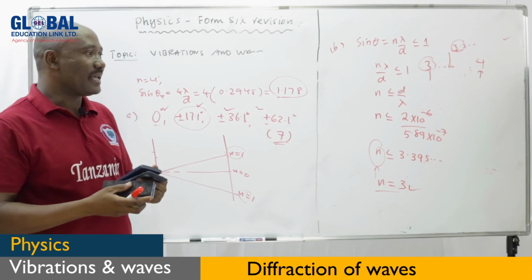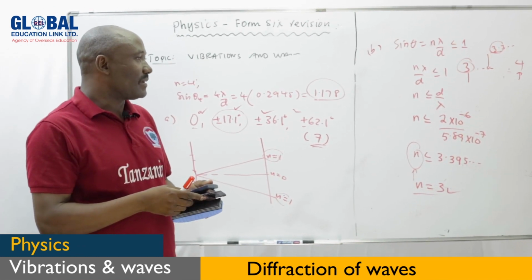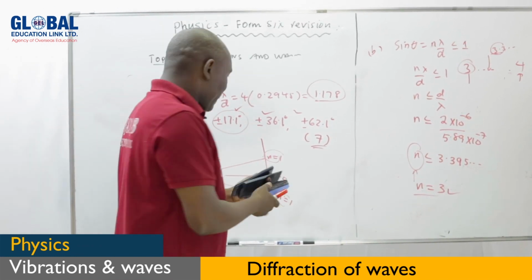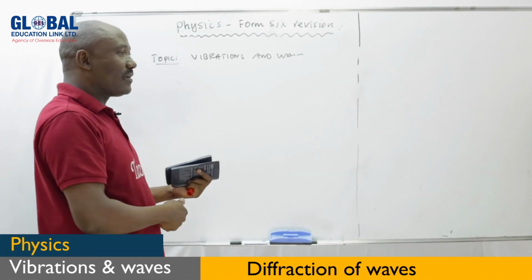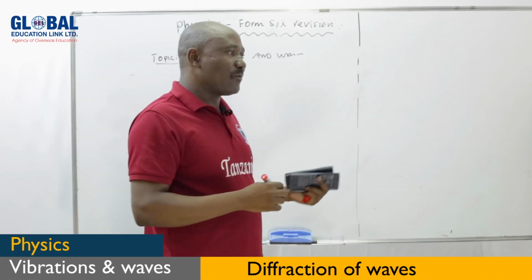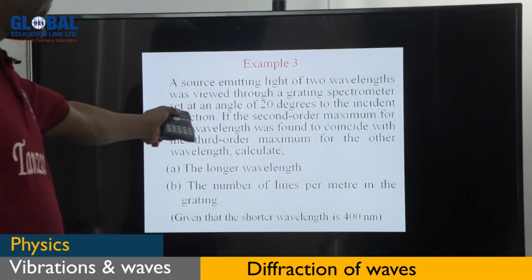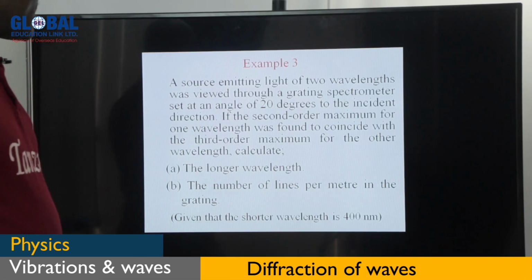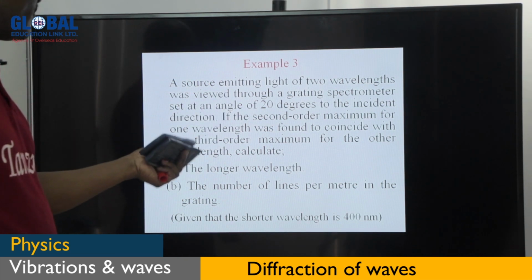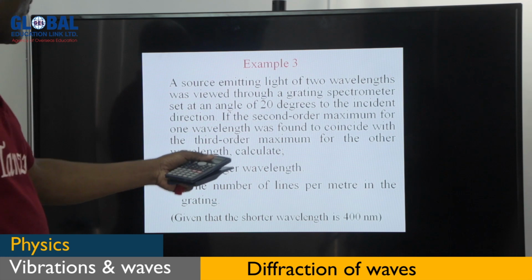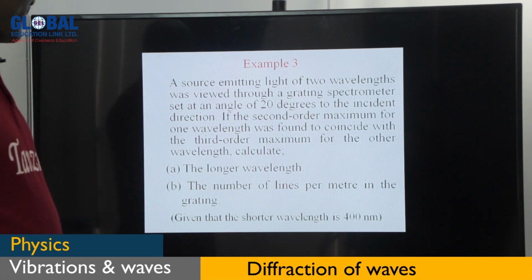Let's see the last example. Example number 3. A source emitting 2 wavelengths, when you view it through a spectrometer set at an angle of incidence of 20 degrees to the incidence direction, the second order maximum for one wavelength was found to coincide with the third order maximum for the other wavelength.